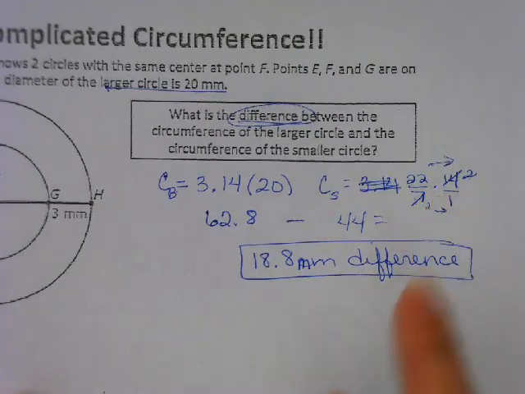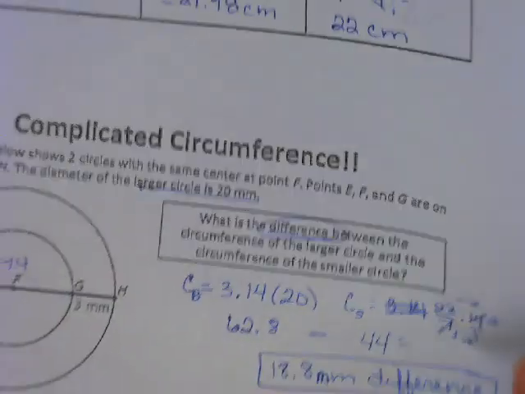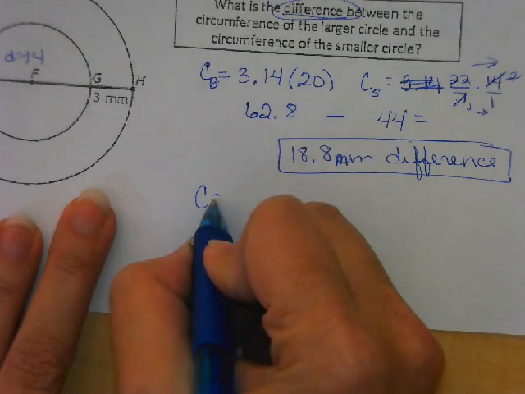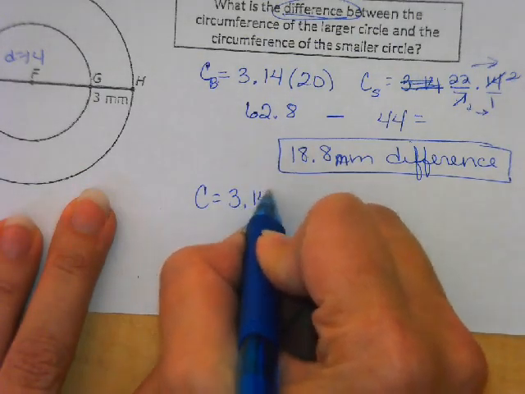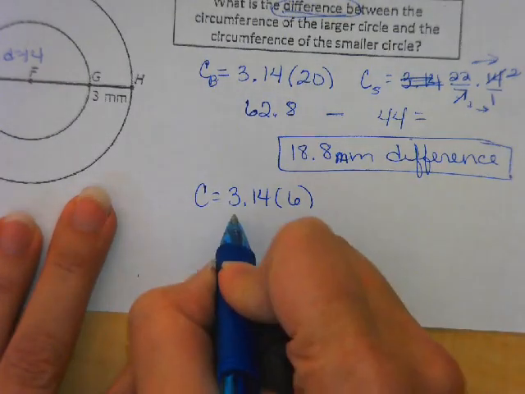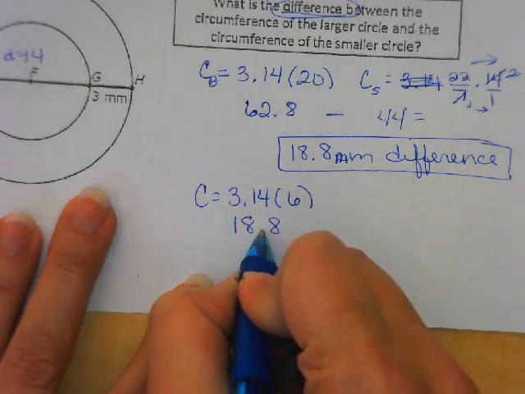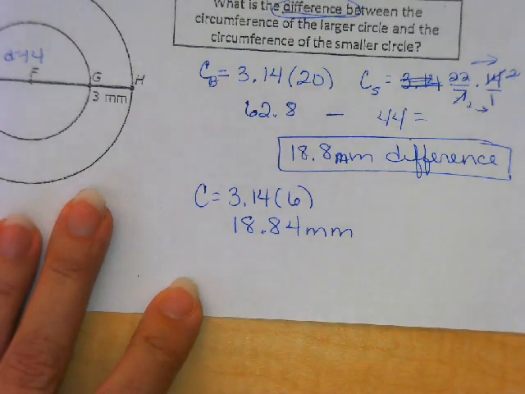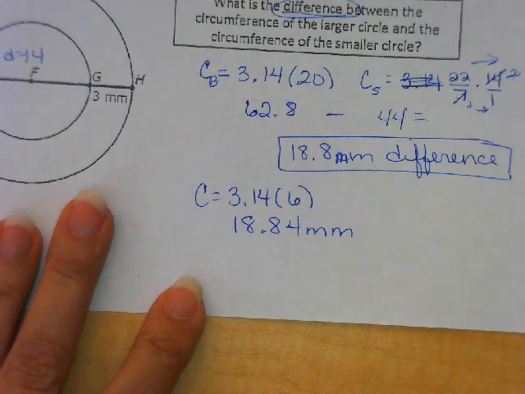So what's our difference? 6, right? So we could say, what if we did this? 3.14 times 6. What do we get? 18.84. So you could have done that as well. A couple ways. I misunderstood what you told me you did.